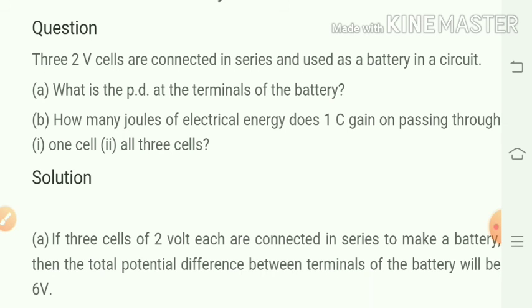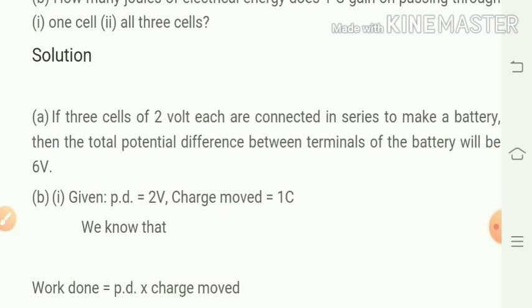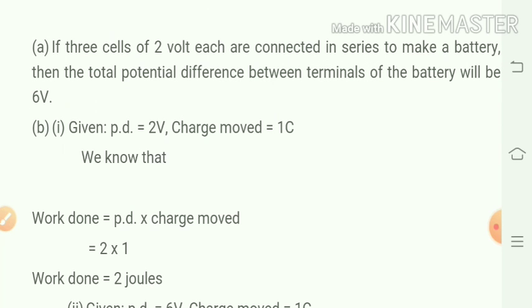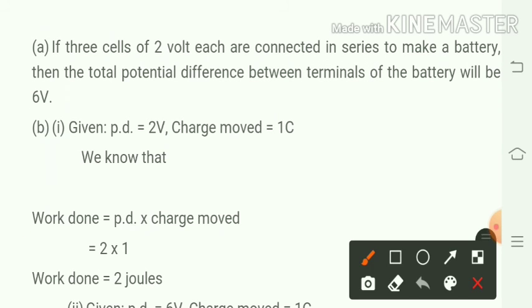Now, if 3 cells of 2 volt each are connected in series to make a battery, then total potential difference between terminals of the battery will be 6 volt, because every time in the circuit a voltmeter is connected across the points, and as these are in series, this total potential will be equal to this 6 volt.